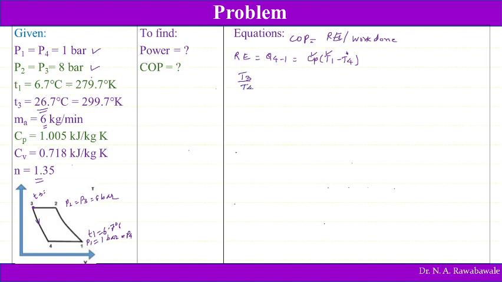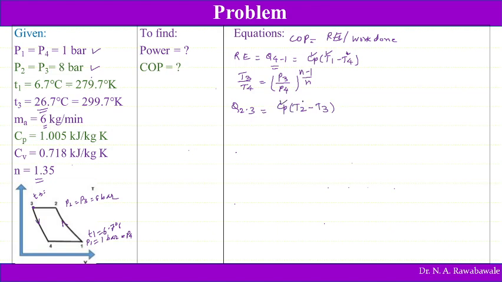we have to use this formula: T3 divided by T4 is equal to P3 divided by P4 to the power of n minus 1 divided by n, because this follows a polytropic law. It is not an adiabatic compression. So P4 is known, and we can find Q4 to 1. Then to find the heat rejected, Q2 to 3, we write Cp times T2 minus T3.